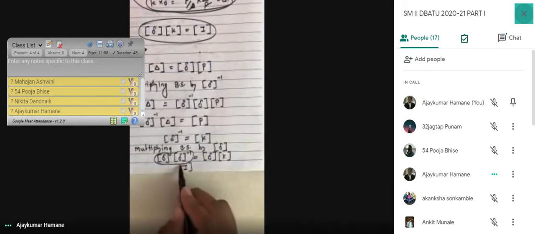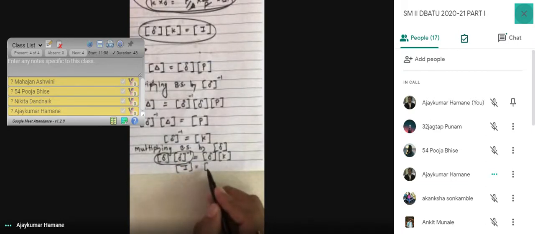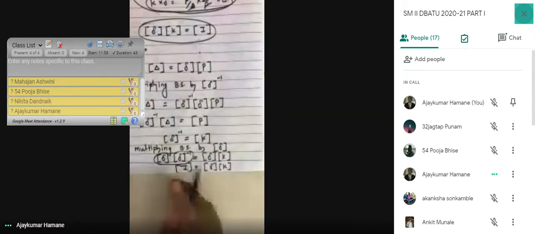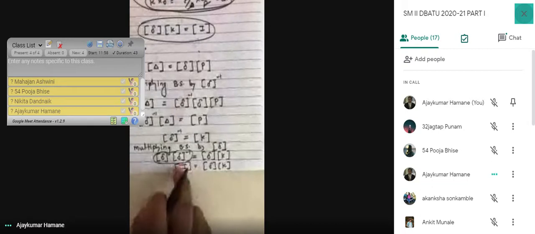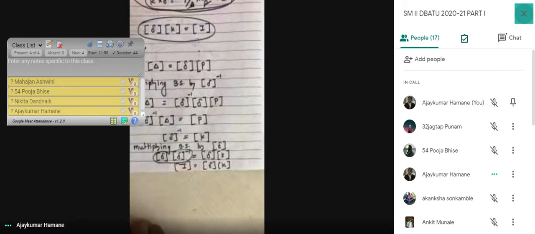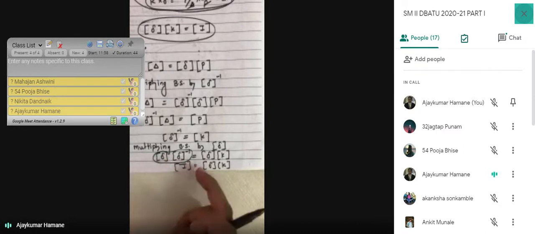Unit matrix equals delta and k. Simple. Okay. So this is the proof. Okay, students. So this is the relation between stiffness matrix and flexibility matrix.